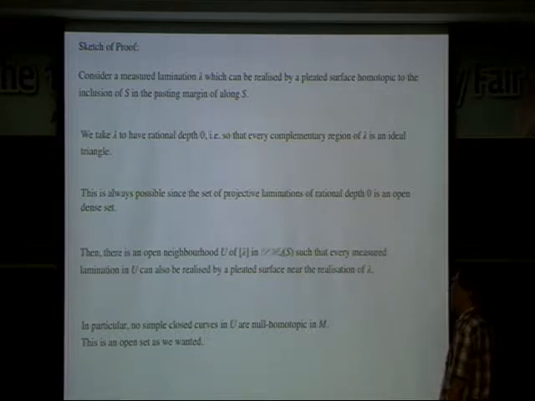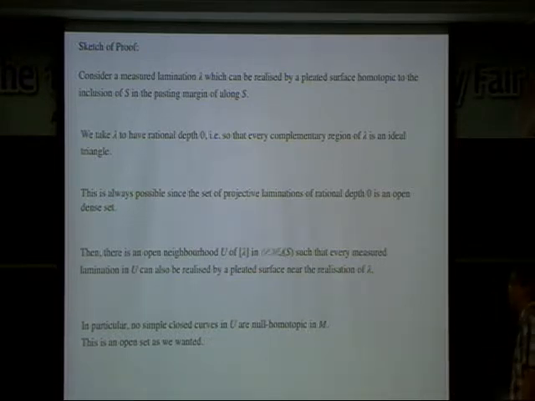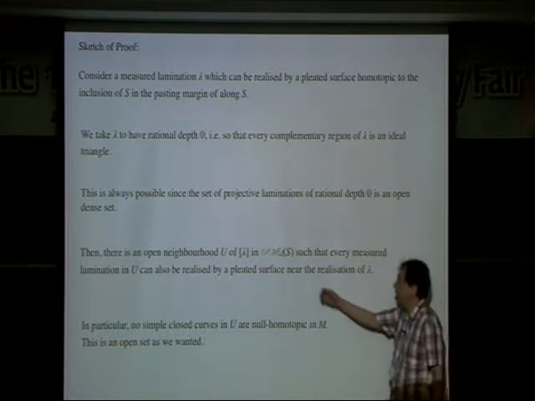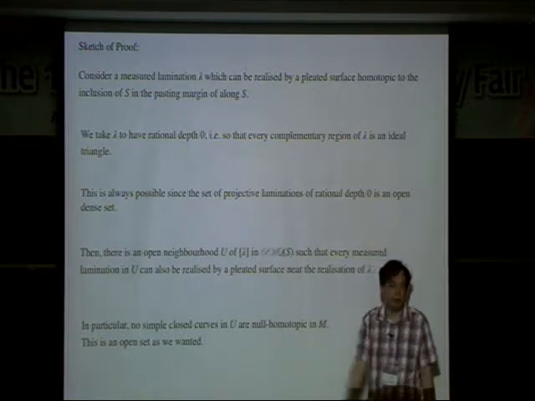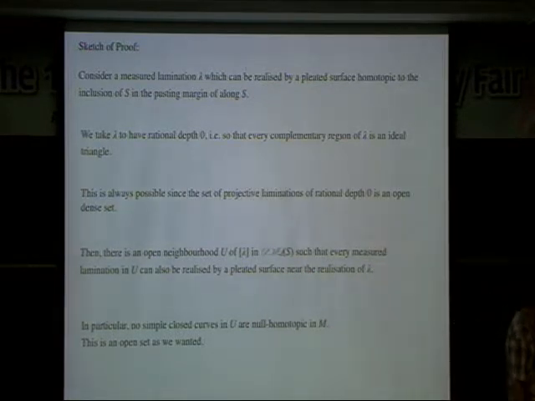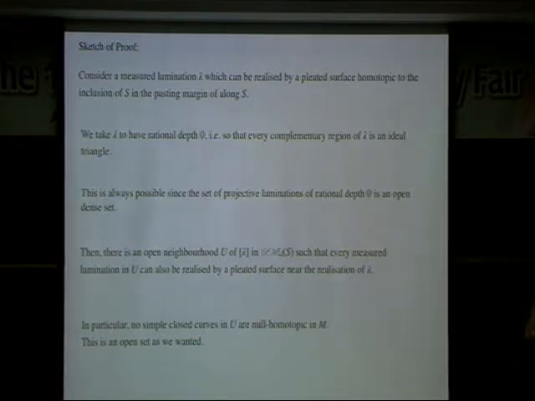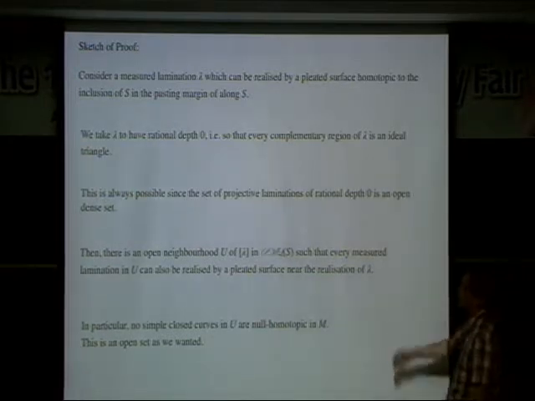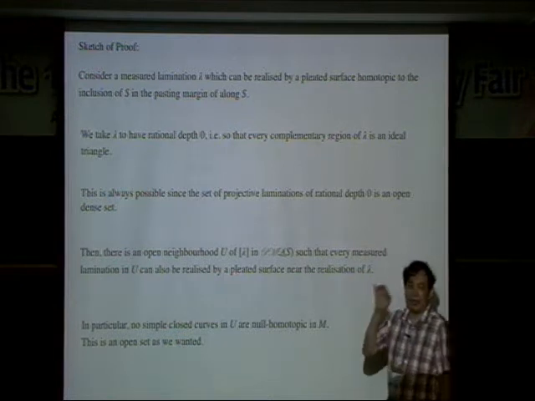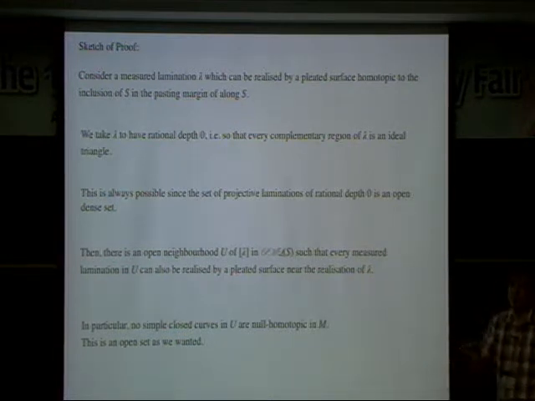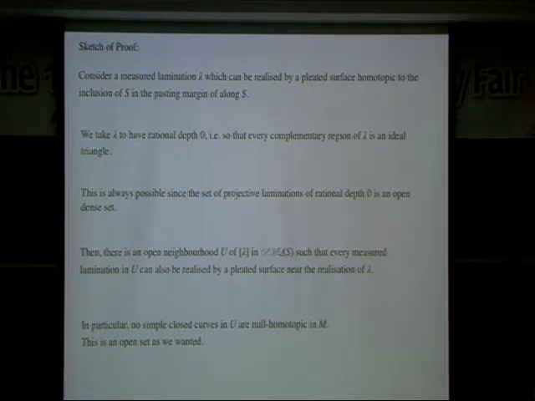What we claim is that if you take such a lamination and consider its projective class in the projective measured lamination space and take a sufficiently small open neighborhood, then any lamination in that open set is also realized by the pleated surface in there.